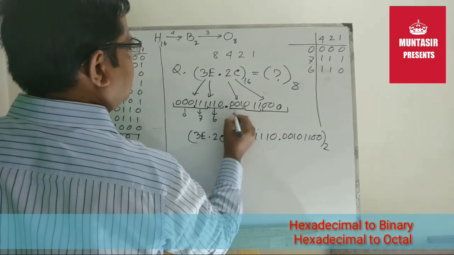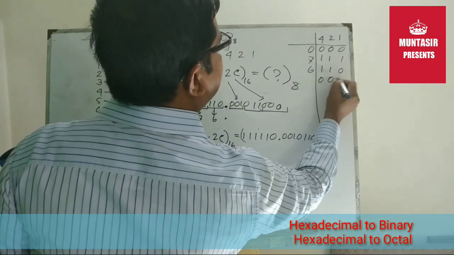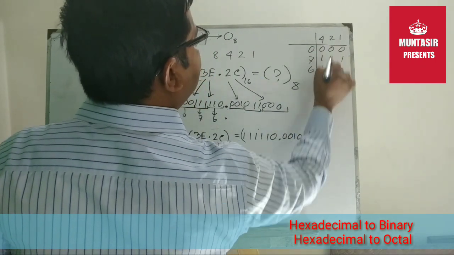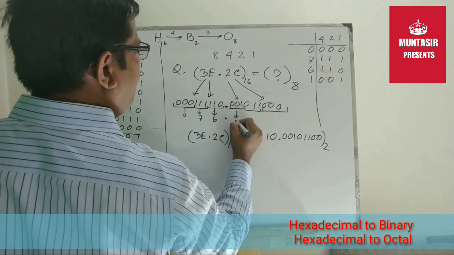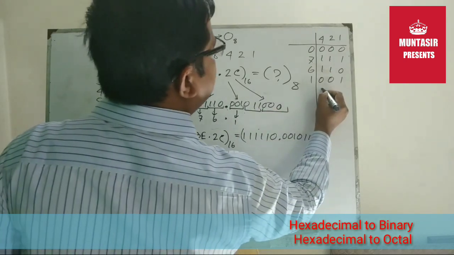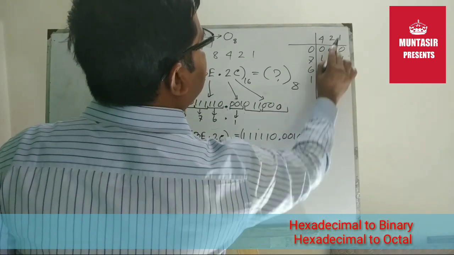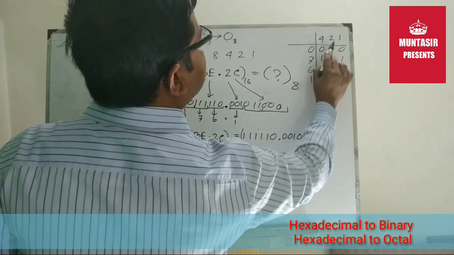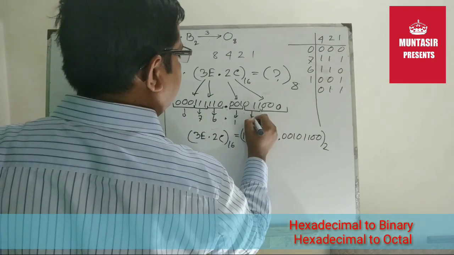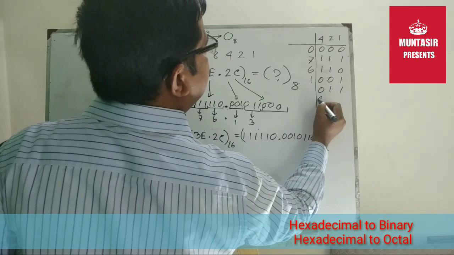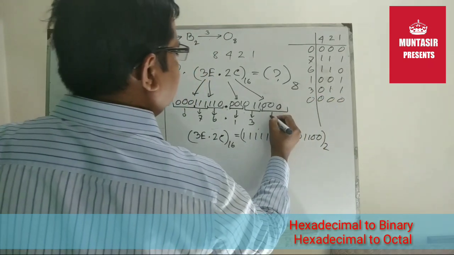This is 6. This is the point. The groups after the point: 001 is 1, 011 means 2 and 1, which make 3, and 000 is 0.